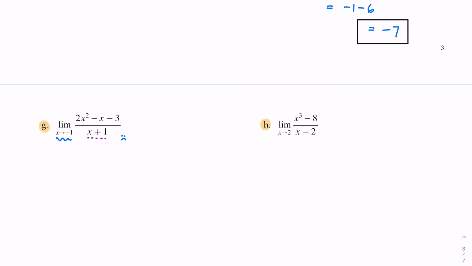But let's try this out. So I'm going to say this is equal to the limit as x approaches -1 of some combination of 2x and x. And I think if I do this right, if I do -3 and +1, yeah, I believe that does give us exactly what we want.